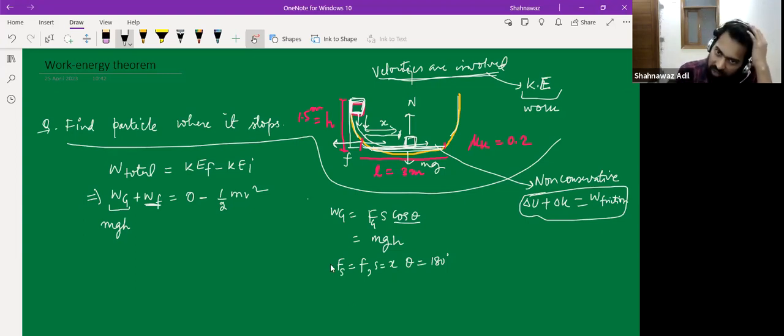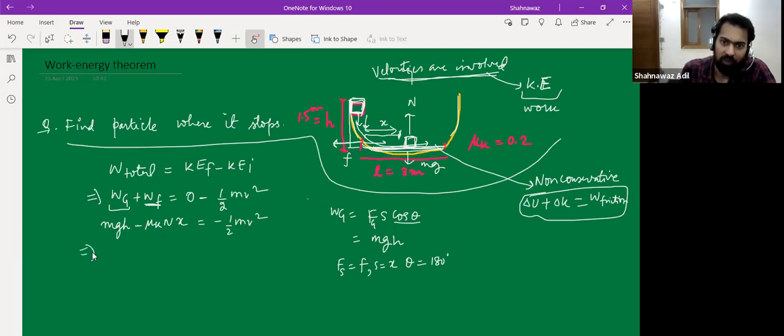Arpit, Marita, Sanya, everyone? Yes, sir. So theta is 180, so this will be minus, and F is mu k N, and s is x. So this is half of mv square, right?